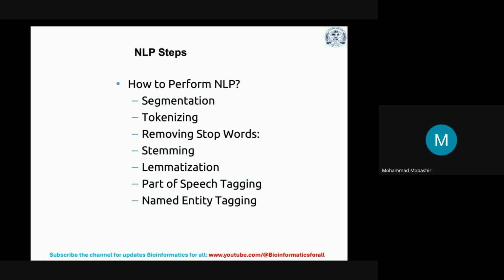Natural language processing, or NLP, in very simple words: what are the steps of NLP? I'm just simplifying. What I have discussed so far was a standard way of understanding NLP, but now I'm going to make it easier for better understanding.